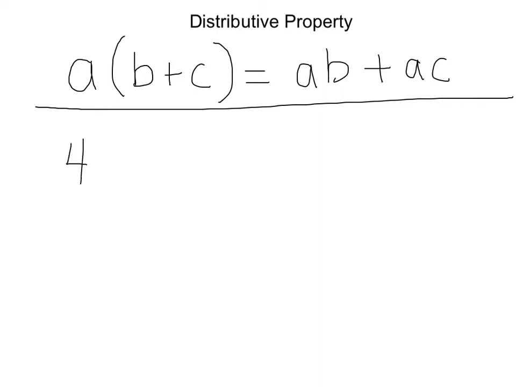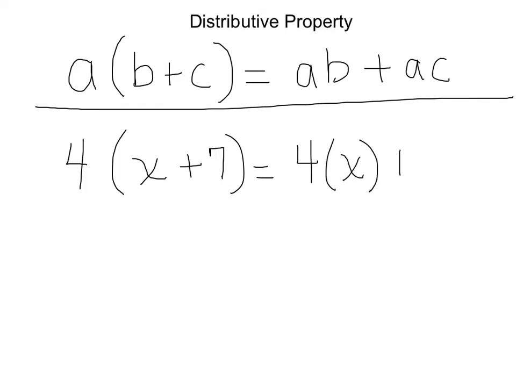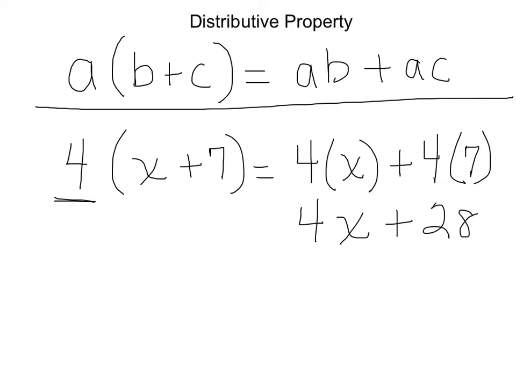If I have 4 times the sum of x plus 7, my rule says multiply each term inside the parentheses by the coefficient, which is the number on the outside of the parentheses. So my expression is 4x plus 28, simplified. You don't need to put the x in the parentheses here. I just did that so it would give you a form to look at, that I was treating them uniformly.